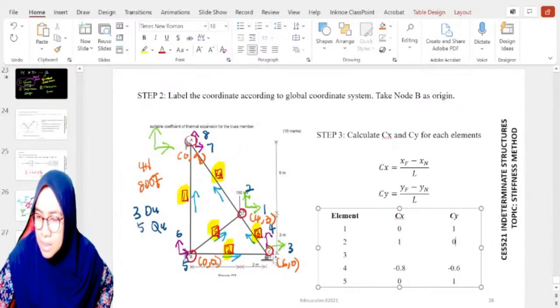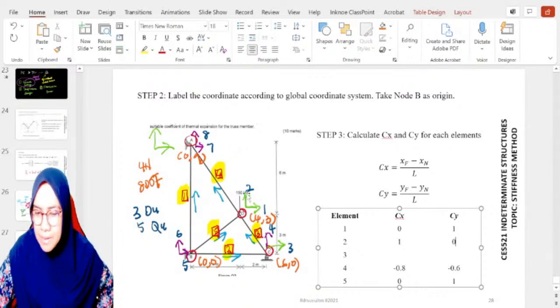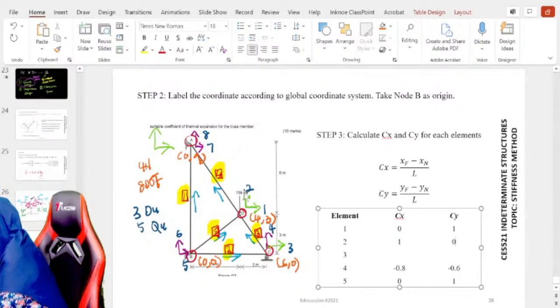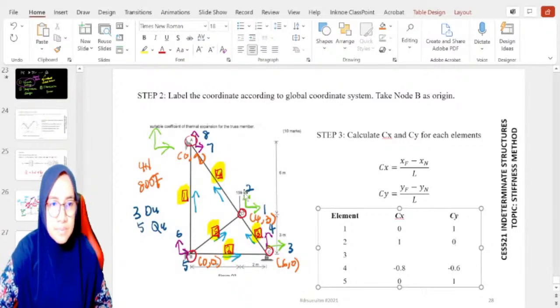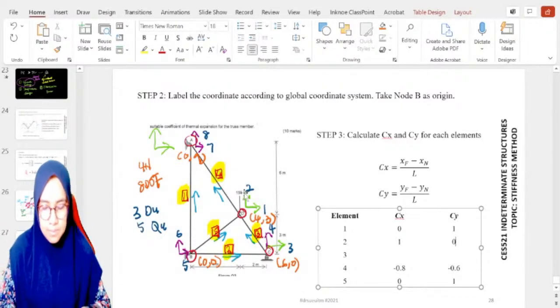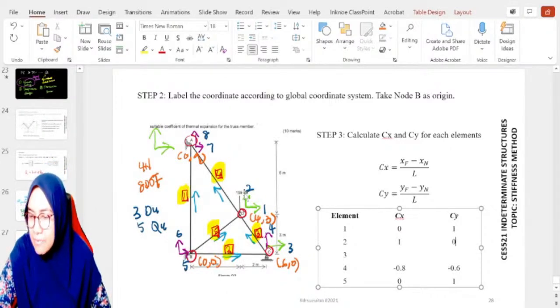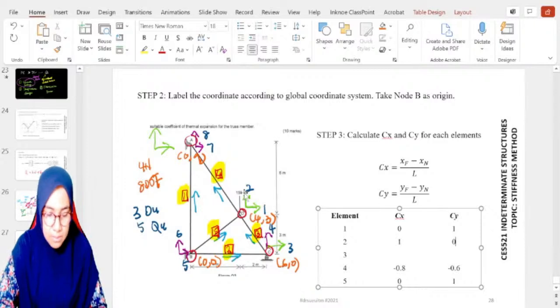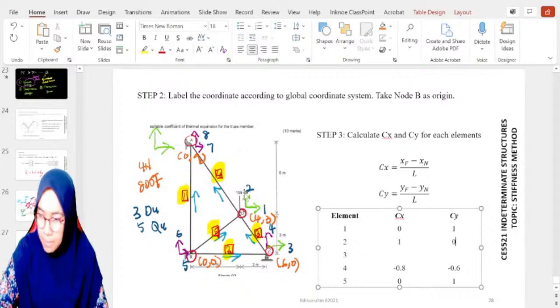For element number 3, the length is the square root of 2 squared plus 3 squared, so it is 3.61.